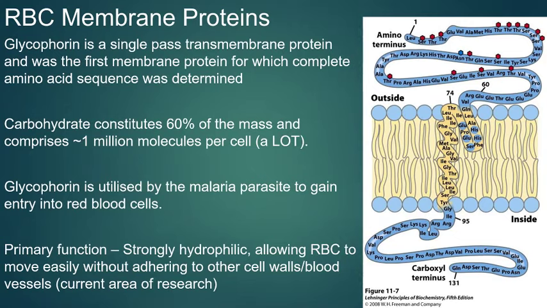It is very, very hydrophilic on the outer and innermost edges, and it allows the red blood cells to move smoothly and to not cluster and get caught on various things within our blood vessels. However, this is still something that is currently under research.